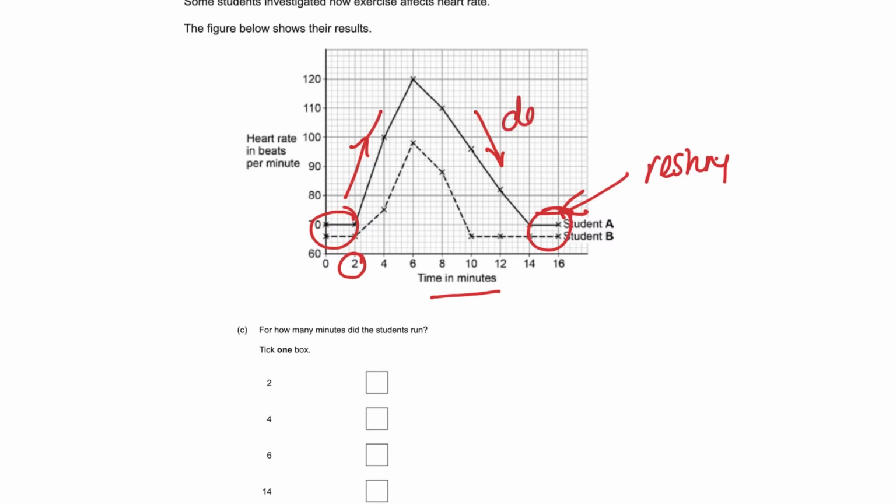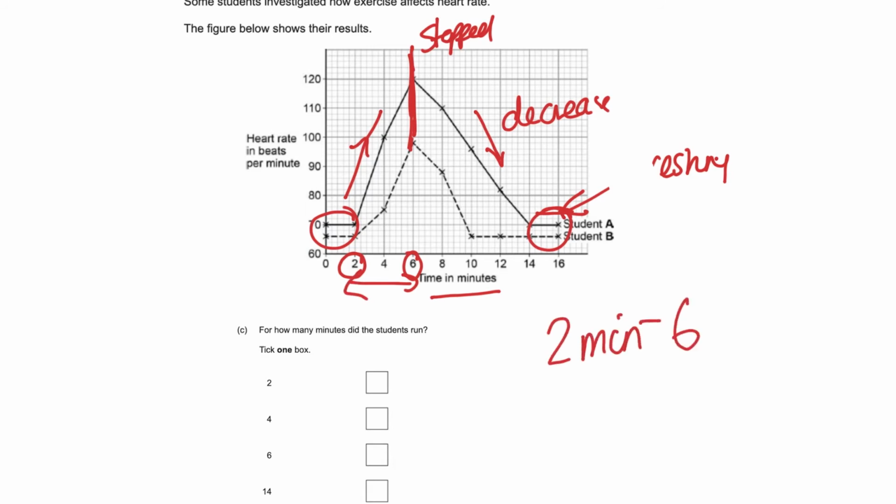Their heart rate would only be increasing when they were exercising. They must have stopped at this point if their heart rate is decreasing. So between 2 minutes and 6 minutes is when they were exercising. So in total, they were exercising for 4 minutes.